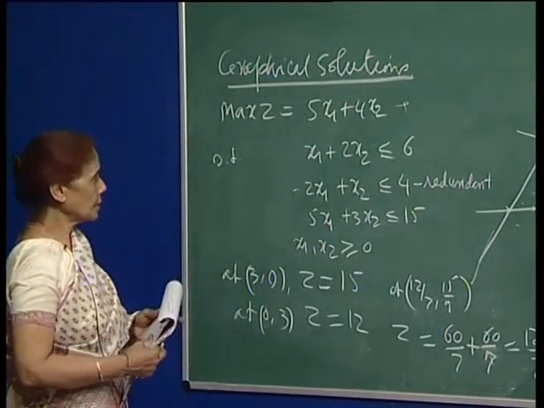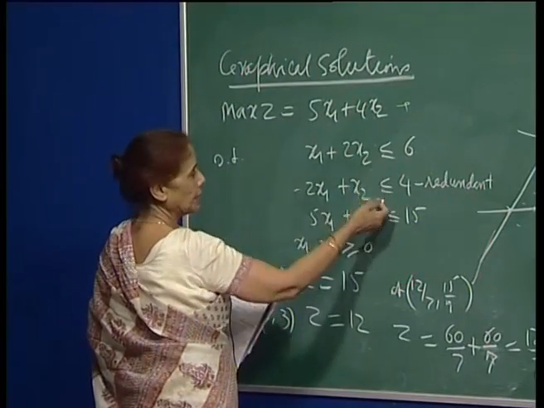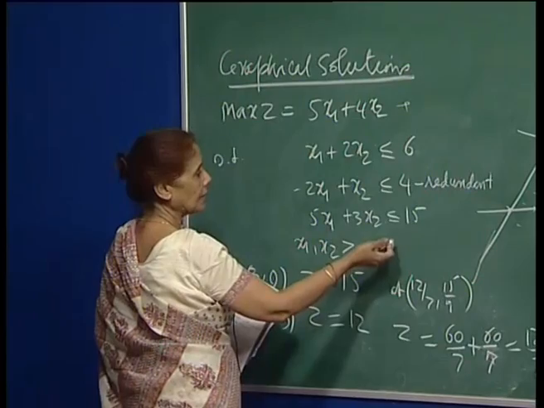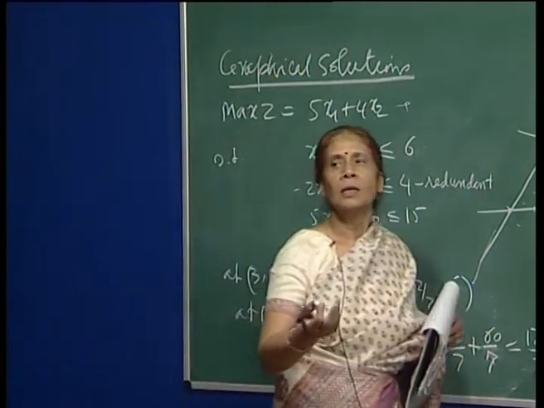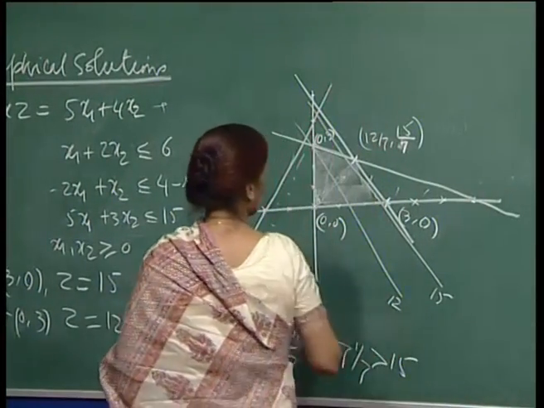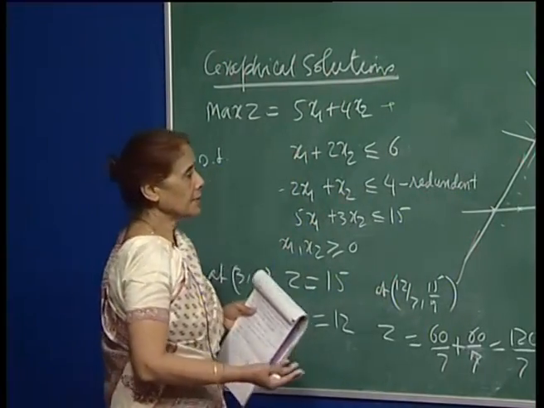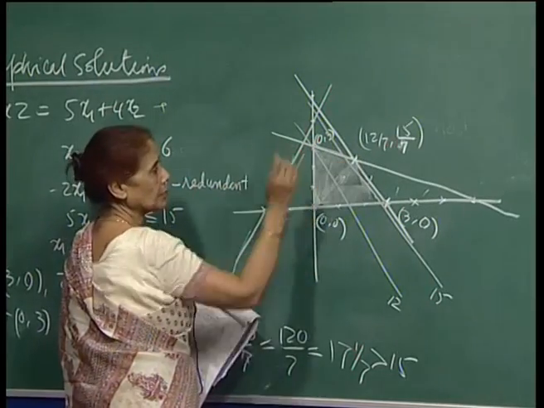So the simplex algorithm, when you start, because this is redundant, you will start with x3, x4 and x5, you will add the slack variables, all these are non-negative, so you will have a starting feasible solution consisting of an identity column, and then you can begin with your simplex algorithm, and then you will see that you will either move here or here, and then from there you will come to this point.